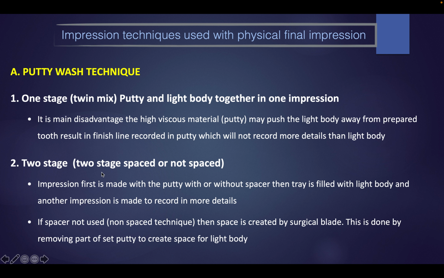Two stage, as you have been taught previously, where you would put a spacer and make a putty impression, and this can be done on the cast to save time. If there is no spacer, you scrape it with a blade, and then you make a second impression after this sets using light body.